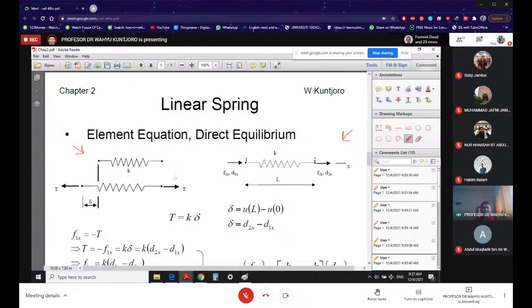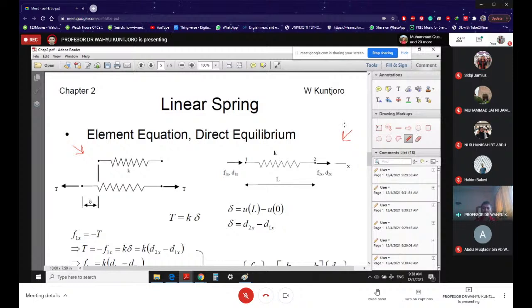On the left, you have T, the tension force, equal to K delta. Remember, delta is extension. And on the right here, you have what we call the finite element of a spring. So this is the spring element, this is the way we draw our spring element.